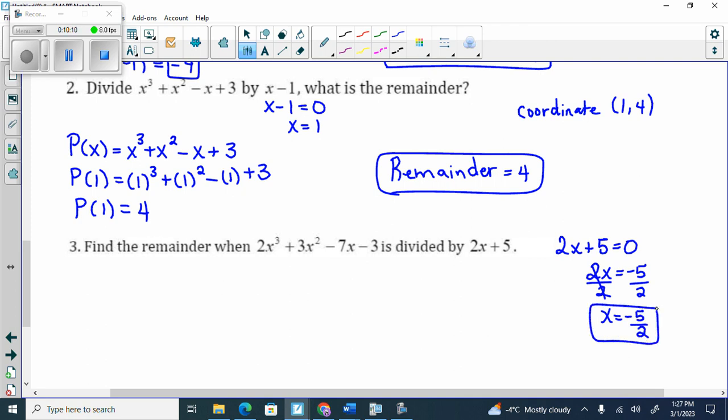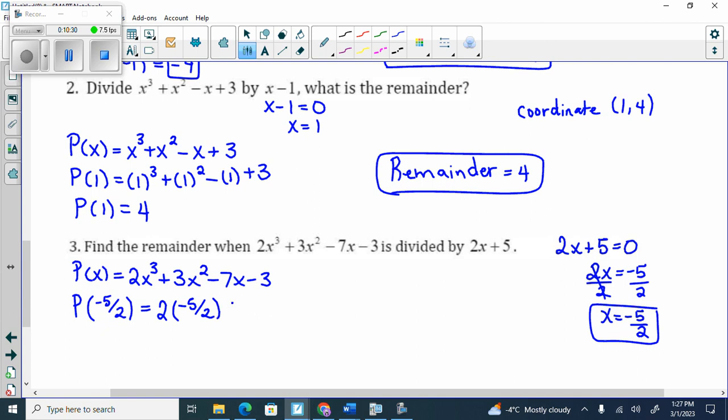So I'm going to plug that in. I'm going to go P of x equals. When you type it in, you get 2.